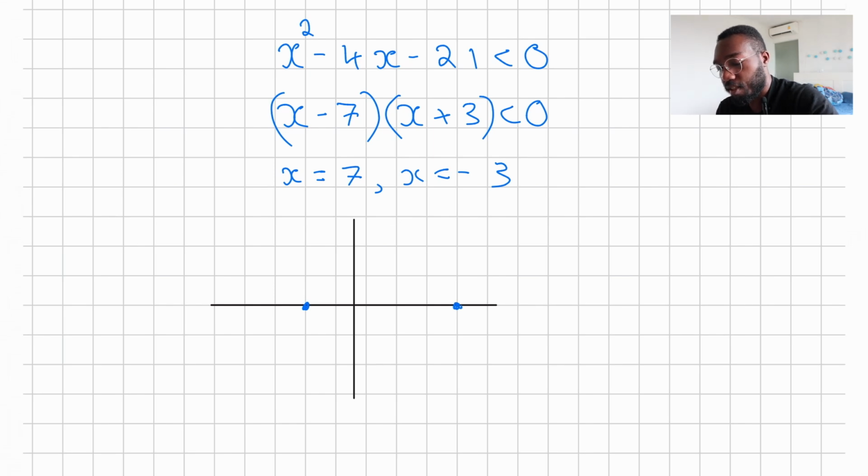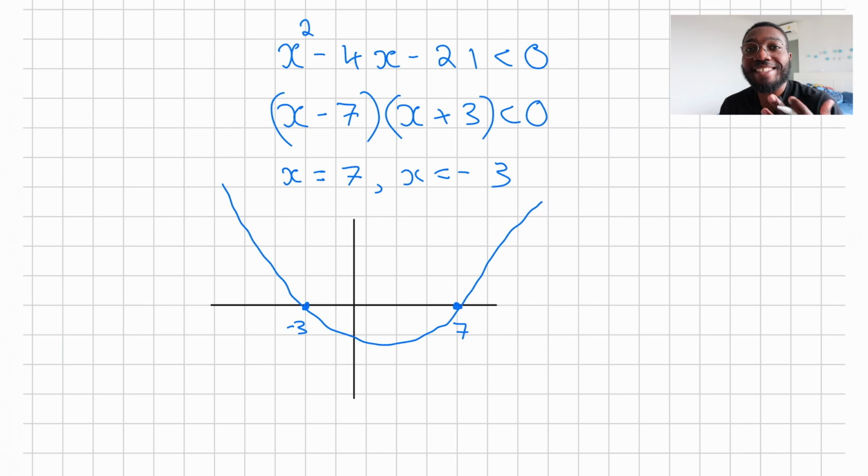This represents the minus 3, and this represents the 7. Then we draw that in a U shape, something like this, it doesn't have to be too accurate. We know that we want the points where it is less than 0, so less than 0 would be these values here.